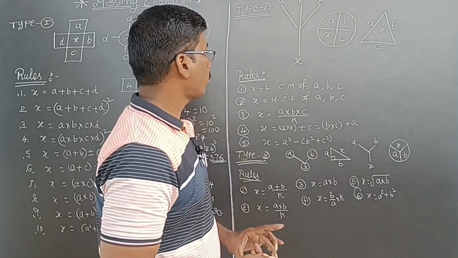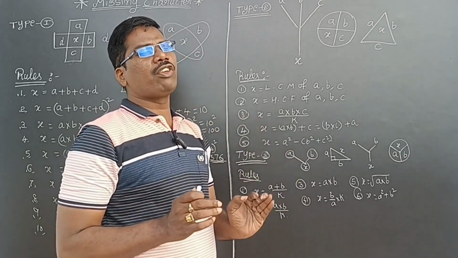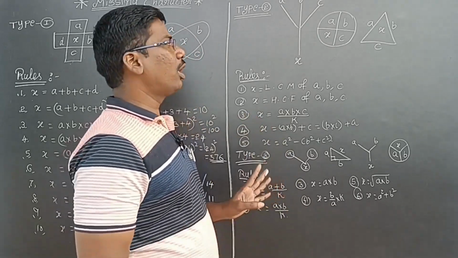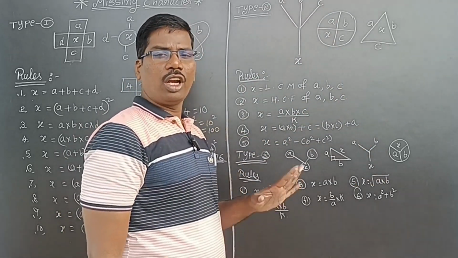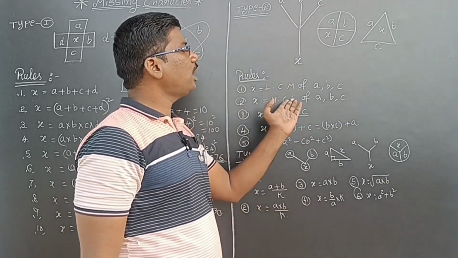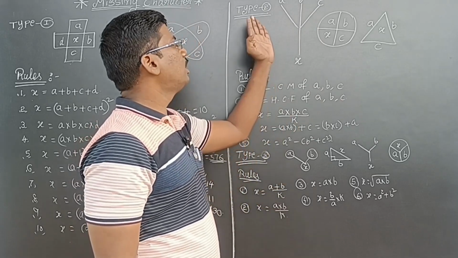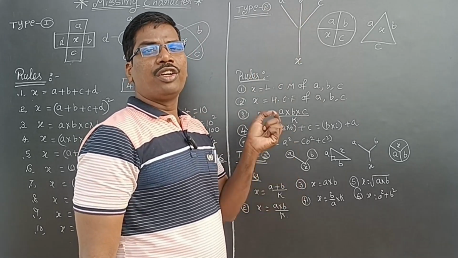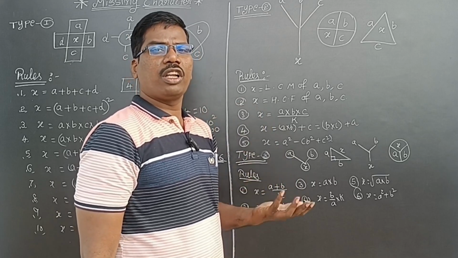Now let us see how to find. If 4 numbers are given and one number is missing, it's very easy. These 3 numbers, LCM you find, you will get the answer. You are not getting? These 3 numbers, HCF you find. Still you are not getting? These 3 numbers multiply and divide by some fixed number, whatever the number.